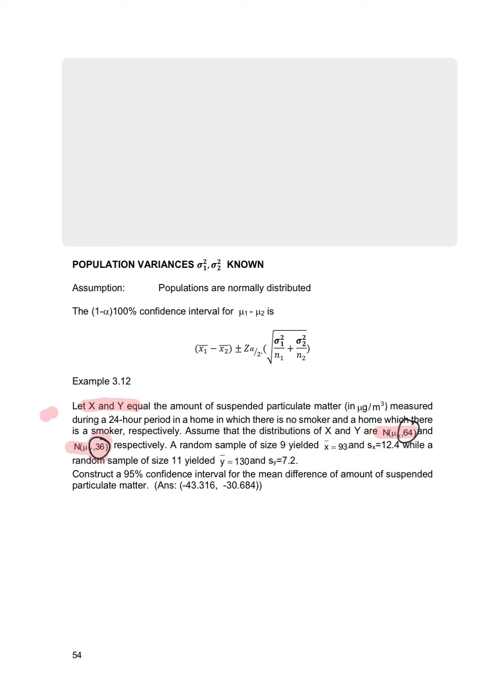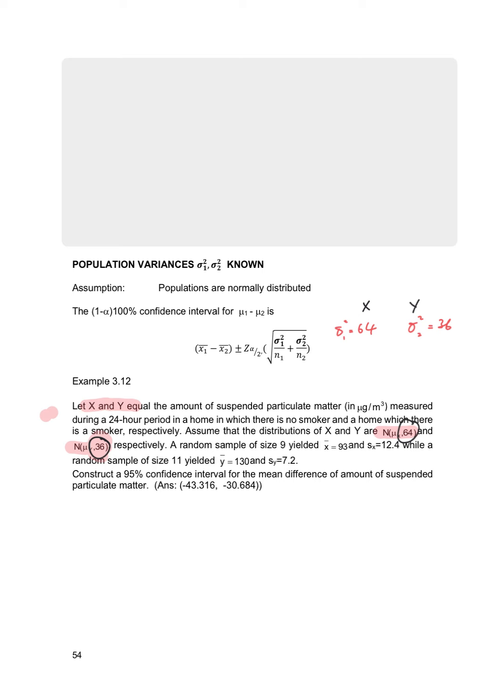So sekarang ni kita tahu maklumat population punya variance: untuk X 64, untuk Y 36.